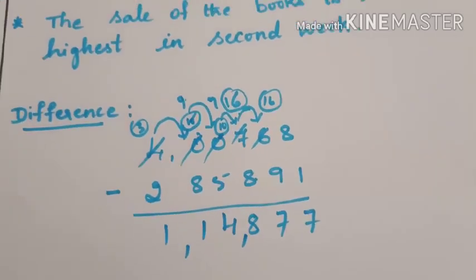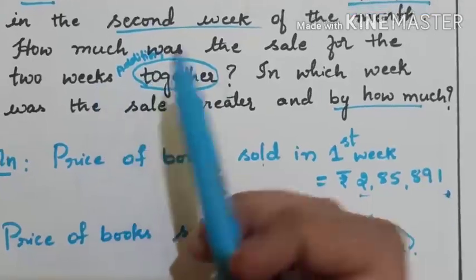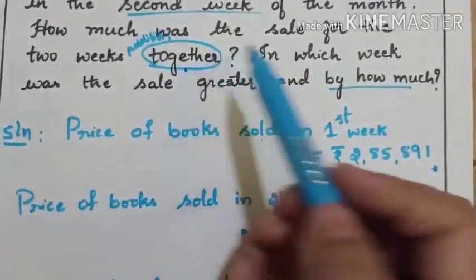So one more thing you have to find out here is how much was the sale for the 2 weeks together, right? Together means you should add.